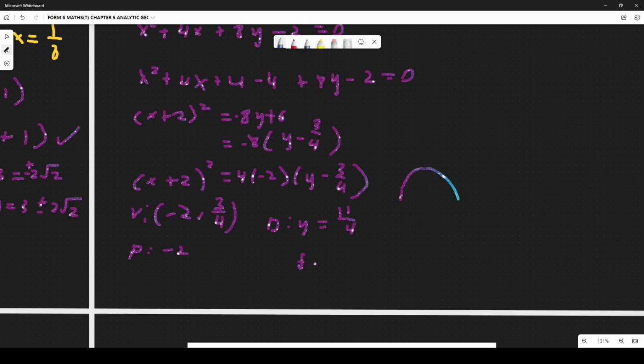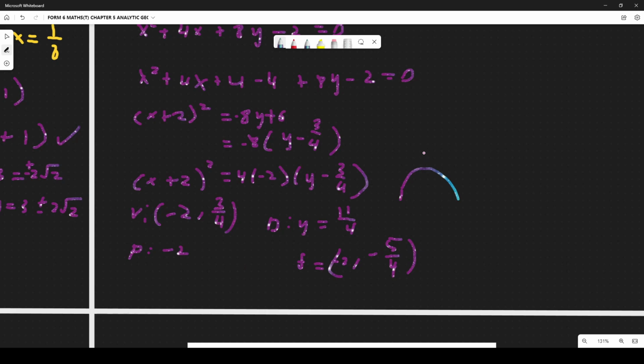And the focus, so it's minus 2, so negative 5 over 4. So that will be negative 2 and negative 5 over 4. That'll be the focus.